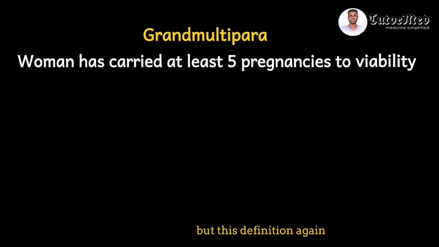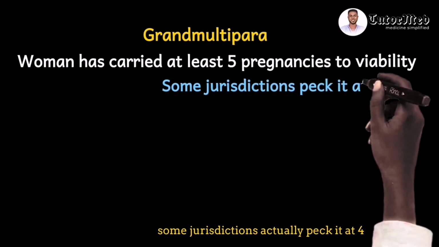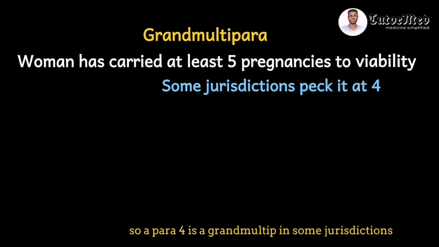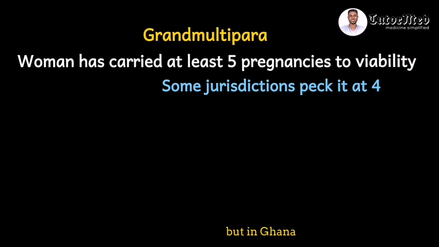But this definition again varies from country to country. Some jurisdictions actually peg it at 4. So a para 4 is a grand multip in some jurisdictions, but in Ghana, a para 4 is simply described as a multip.